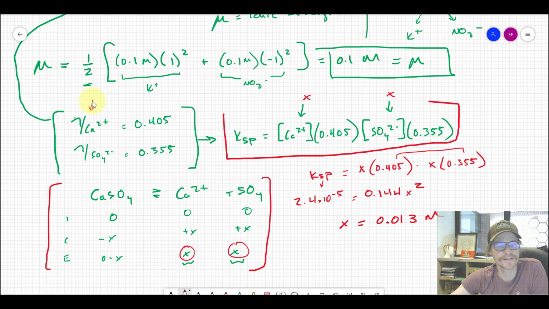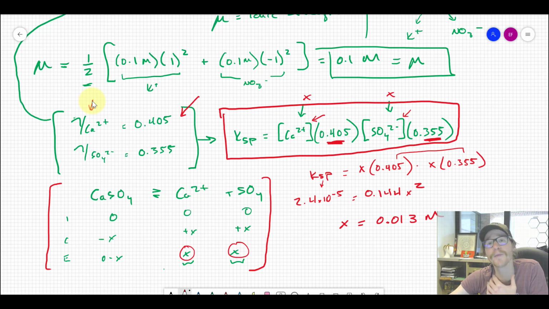That's it. This expression, when we did it with just calcium sulfate, we didn't include these two adjusting values, which we're adjusting for the activities of the solution based on the fact that there's some amount of potassium nitrate to begin with. In this case, we have these factors, which essentially decrease the apparent concentration of calcium and sulfate, right? Because we're taking the original calcium concentration and essentially multiplying it by 40%. We're taking the sulfate concentration and essentially multiplying it by 35.5%.